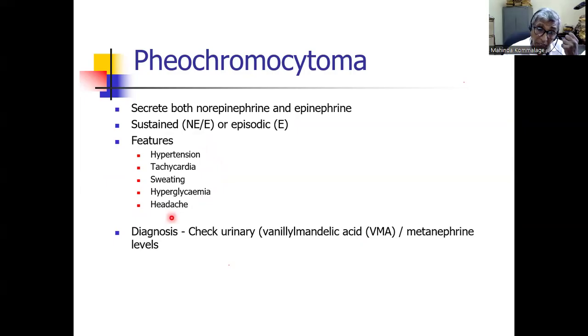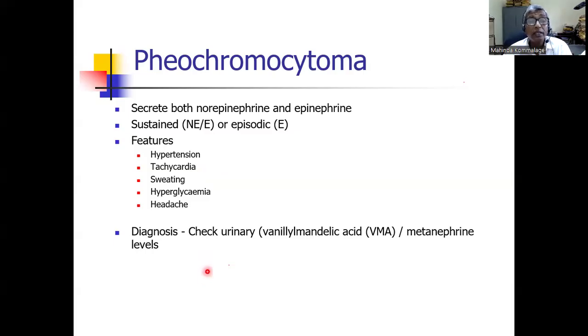We can get very high blood pressure. Sometimes it's an episodic occurrence of increased blood pressure with these features, right? Of course, people get hypertension. Your mothers, fathers, grandmothers, grandfathers might get hypertension. But in pheochromocytoma, blood pressure will be very, very high.